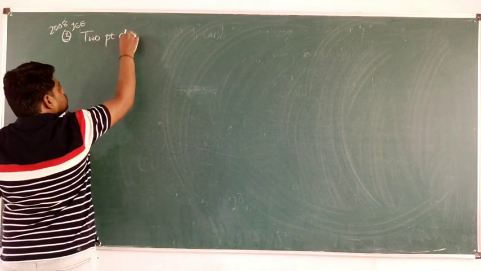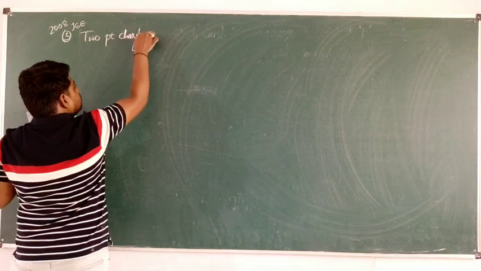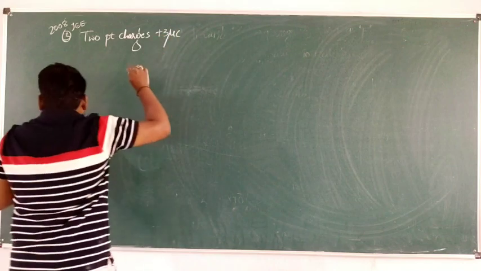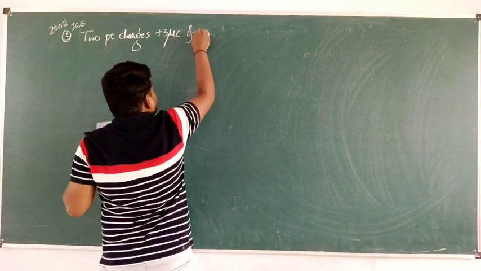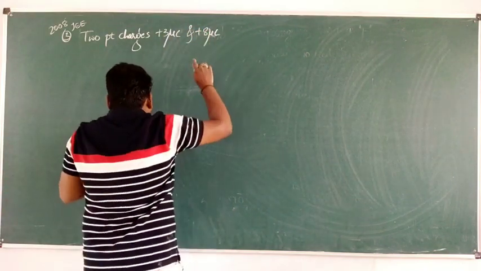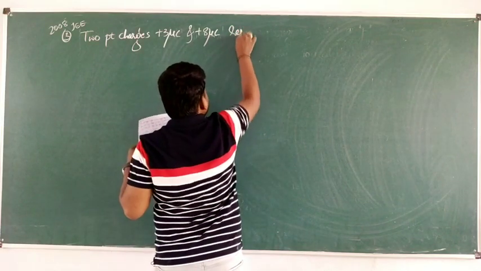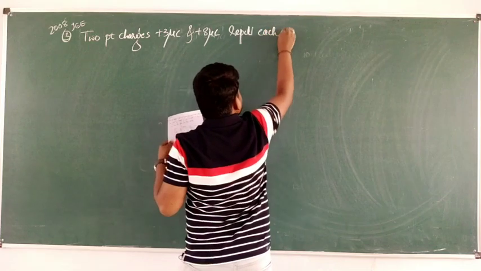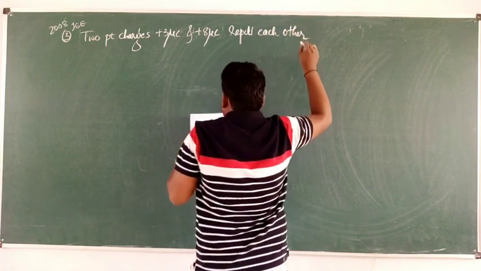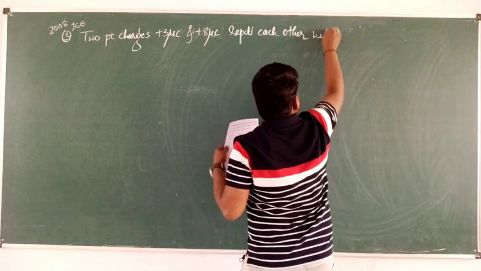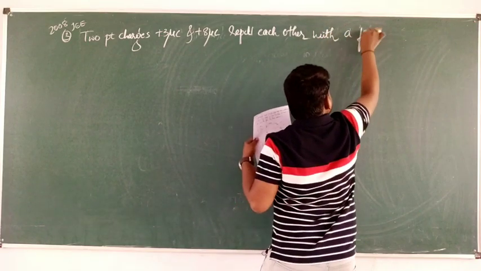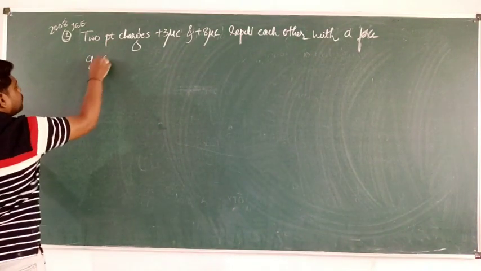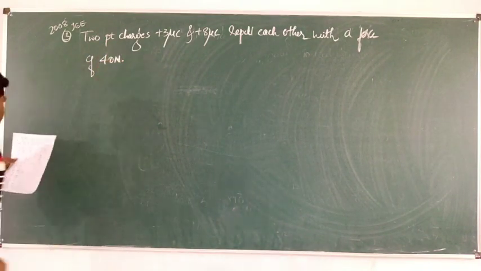Two point charges, plus 3 microcoulomb and plus 8 microcoulomb, repel each other with a force of 40 newtons.